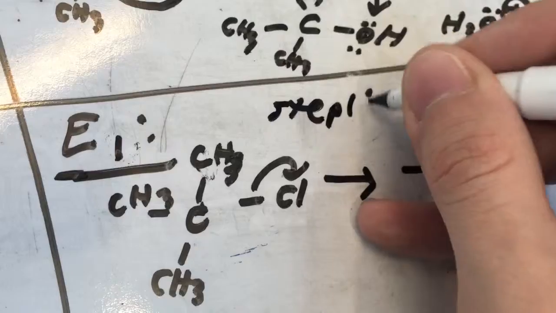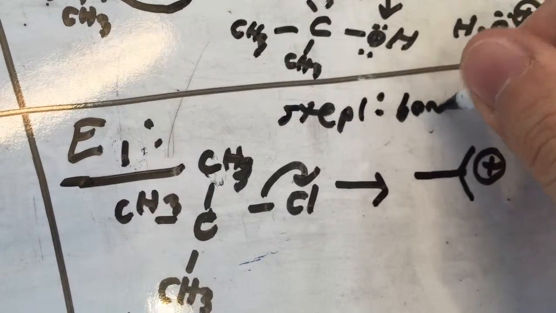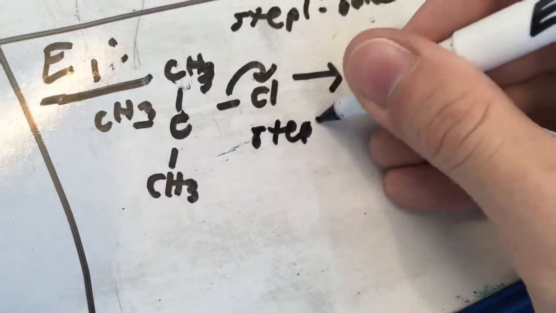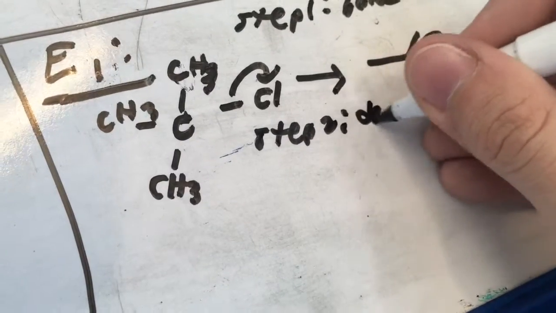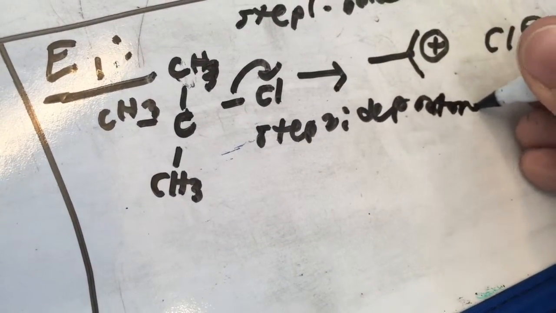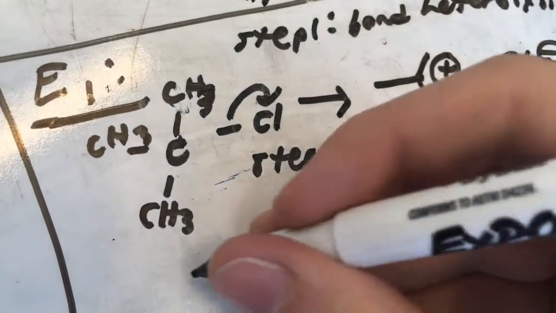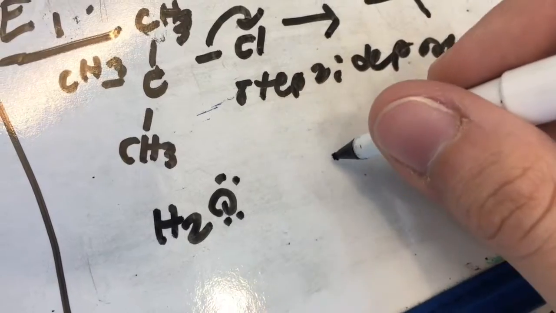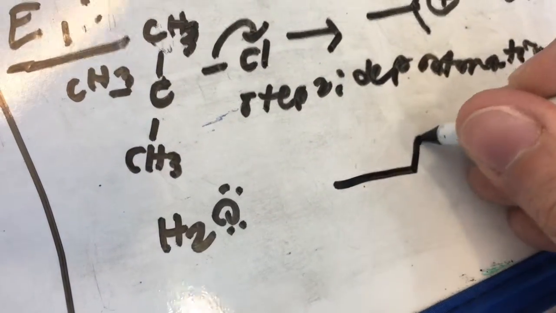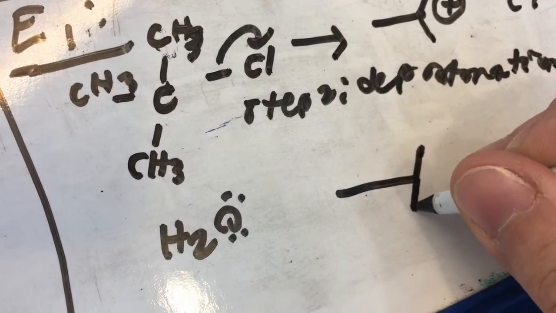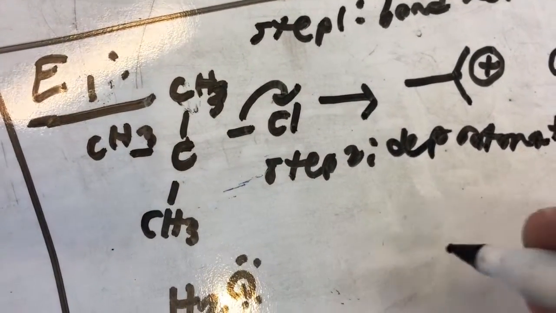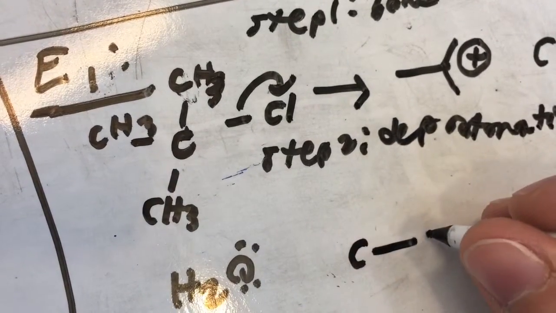Step 1, bond heterolysis. And now step 2, deprotonation. So we have our H2O, and I'm going to have to write out our hydrogens now, I guess. All right, let me just do that.